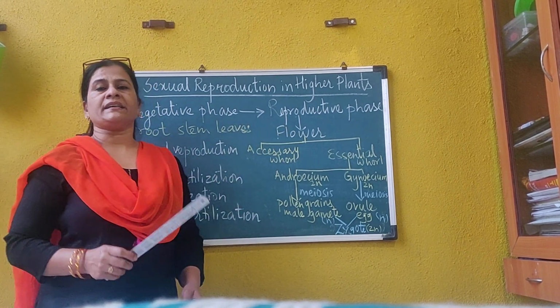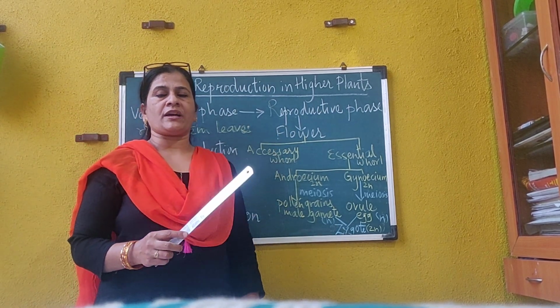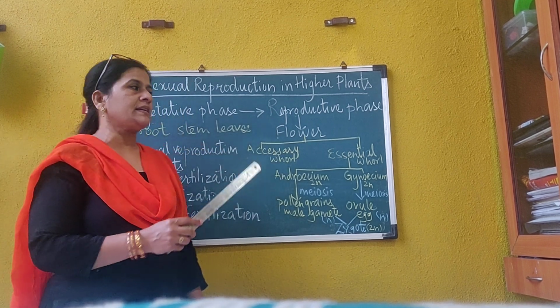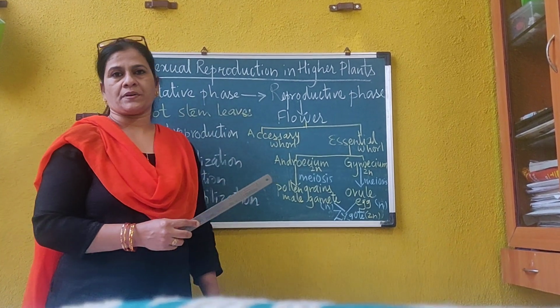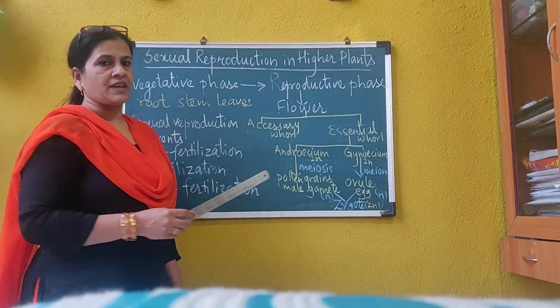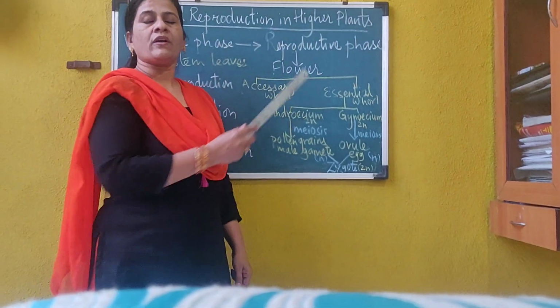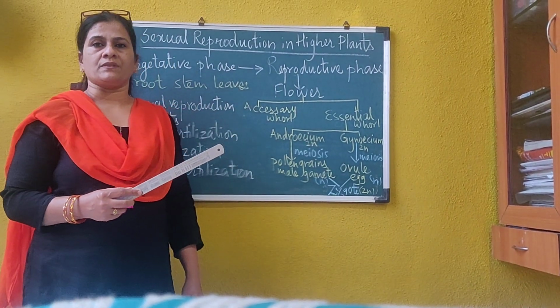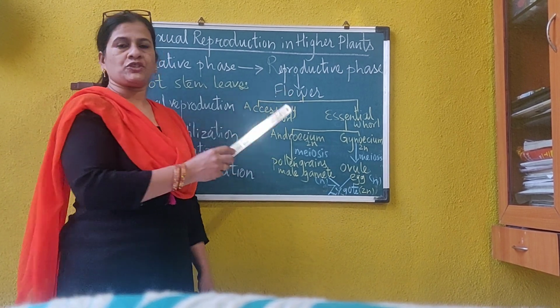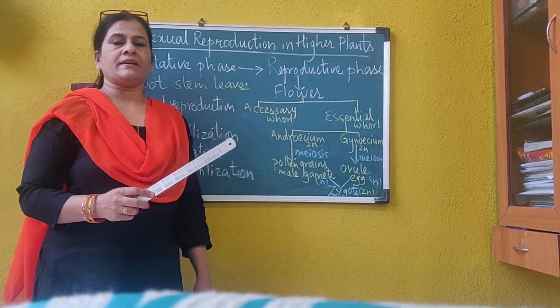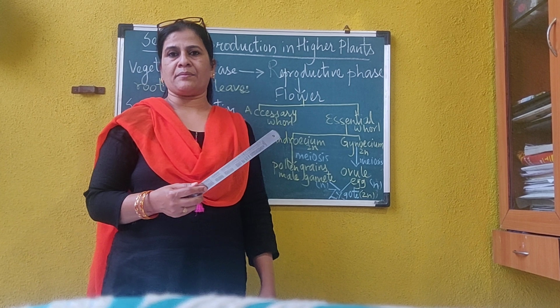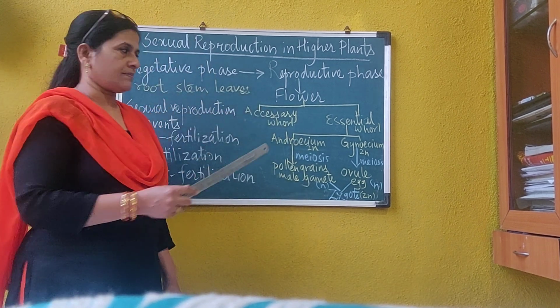Flower is defined as highly condensed and modified shoot specially designed for sexual reproduction. In the video which I have circulated to you, you have already seen the parts of a flower. A flower consists of a stalk called as pedicel, a base called as thalamus and floral whorls.